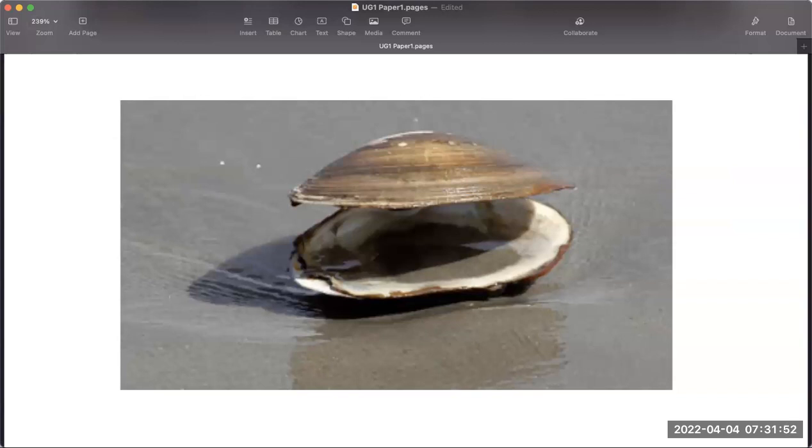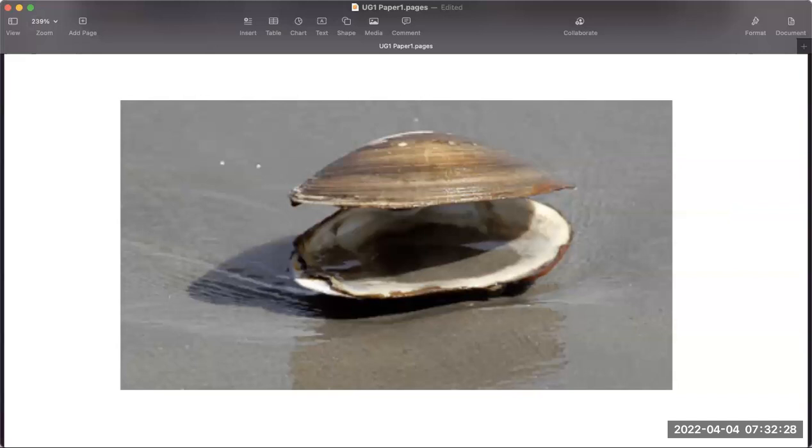Sexes may be separate or united. Mostly they are filter feeding. This is one example, there are many examples. This is bivalve, or Unio, you can say. Development is accompanied by metamorphosis, which includes trochophore larva.